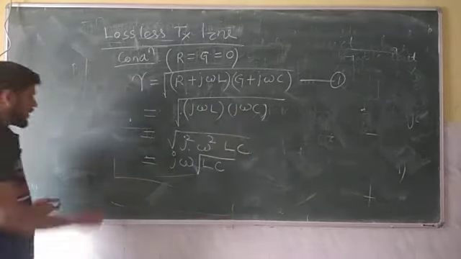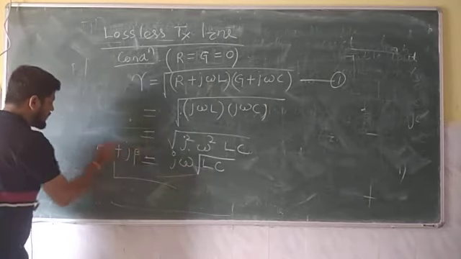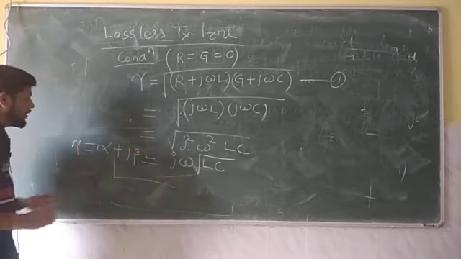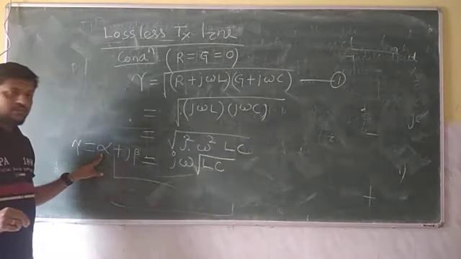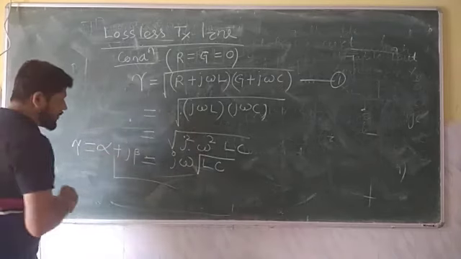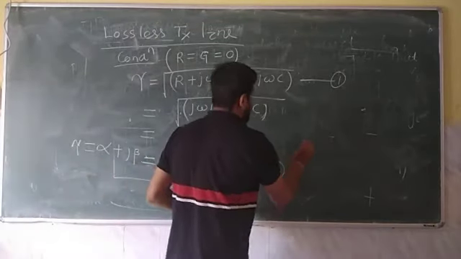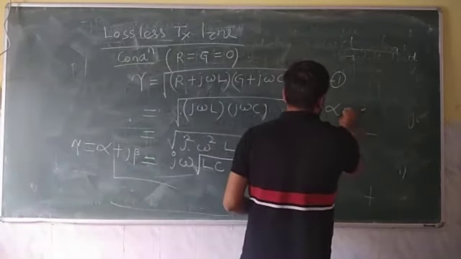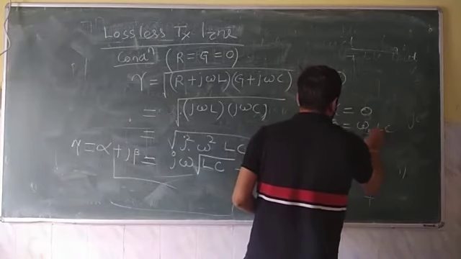So here gamma we can write as alpha plus j beta, because we have already studied that gamma is alpha plus j beta. So here we can compare the left hand side with the right hand side. From this equation 2, we have alpha value is 0 and beta is equal to omega root over LC.